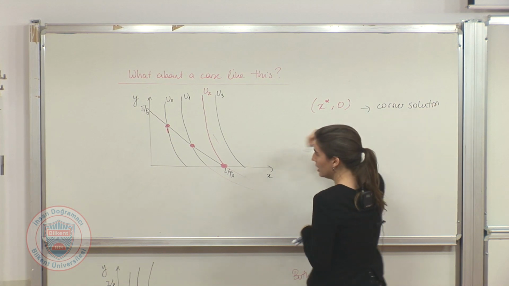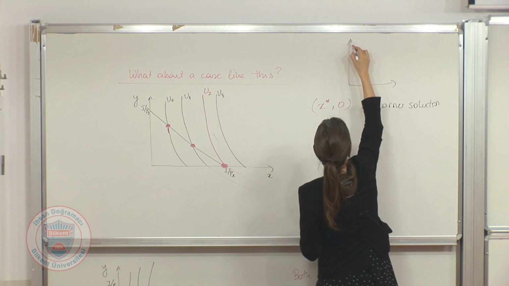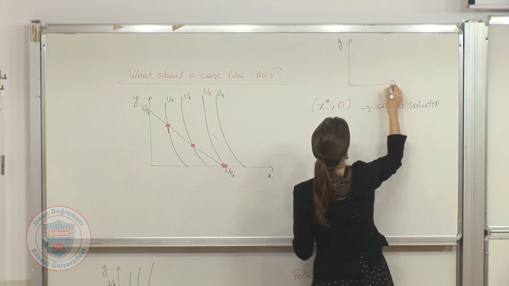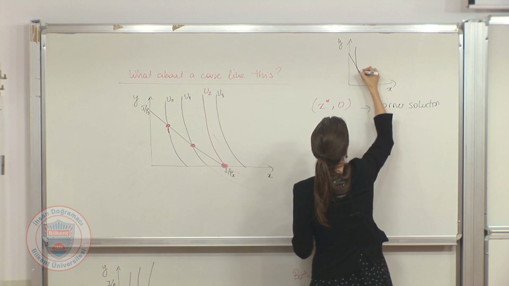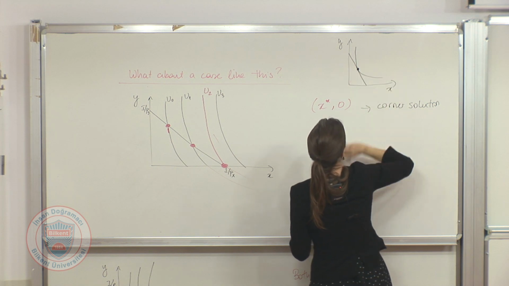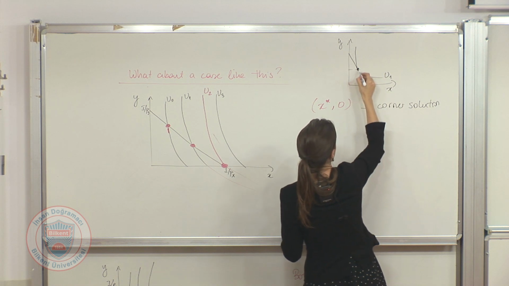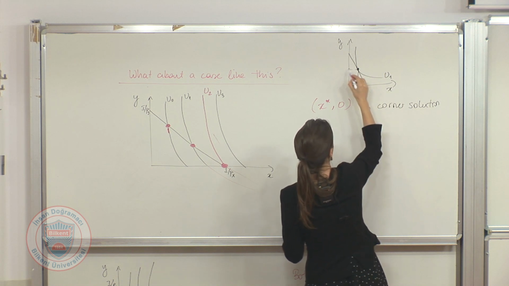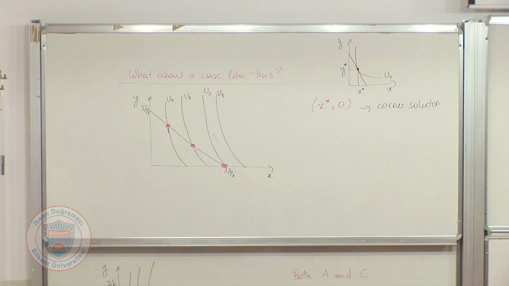And the case that we had before, like this, where this is Y, X, this is the budget constraint, and you have your indifference curve, let's say this is U1, okay? This type of solution we call an interior solution.